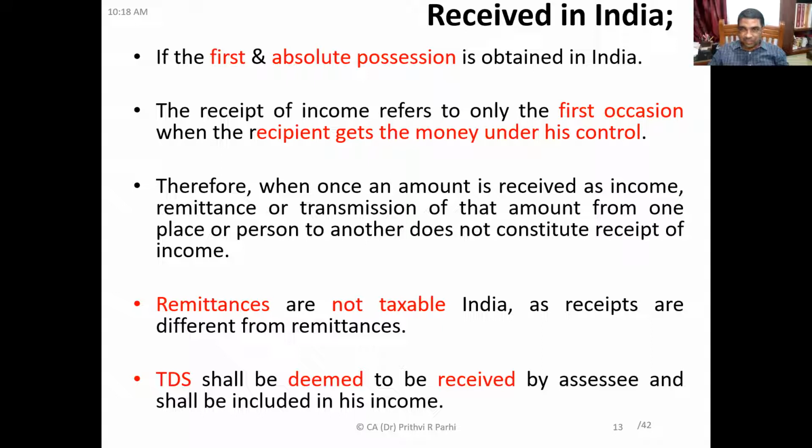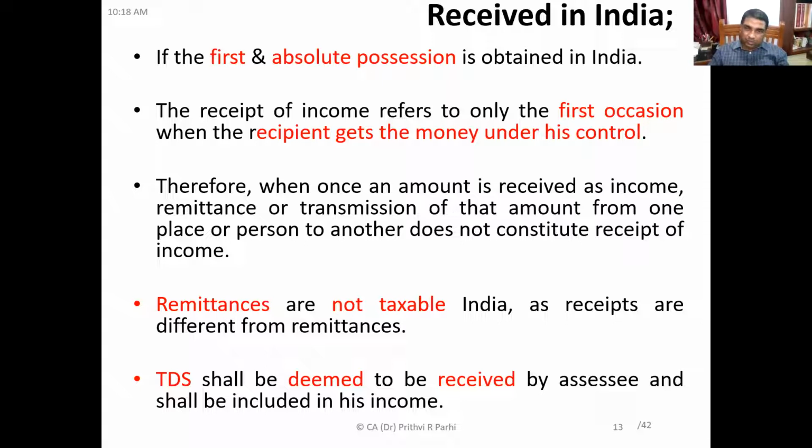So this is how we will be applying the principles of taxation in law. Now, when I say receipt of income, it refers to only the first occasion when the recipient gets money under his control. This thing happened in the US.